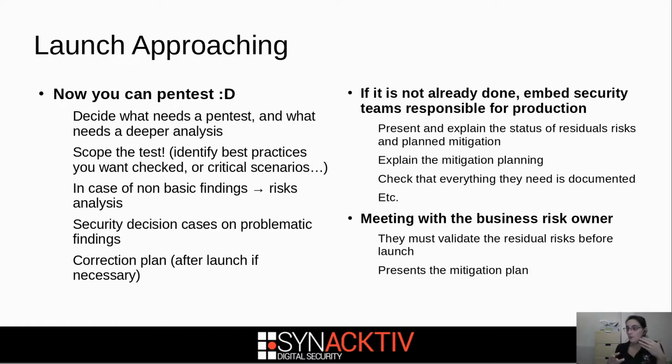You should check with them that everything that they could need later is actually documented, etc., etc. And before launch, you should meet with the business risk owner, and they should be okay with the residual risks before launch. Okay. Of course, when you go to see a C-level to sign for a risk, you should present him with a mitigation plan. That could be after launch, but you should have one.